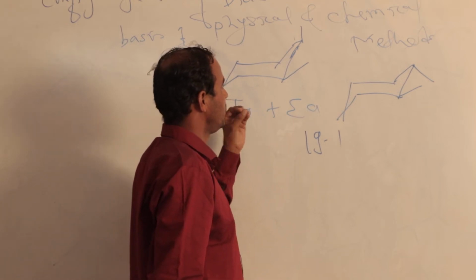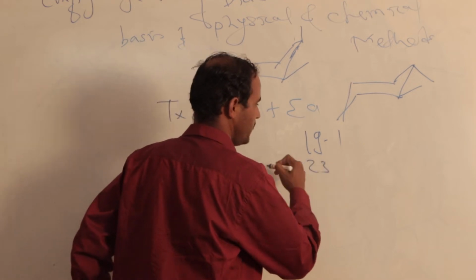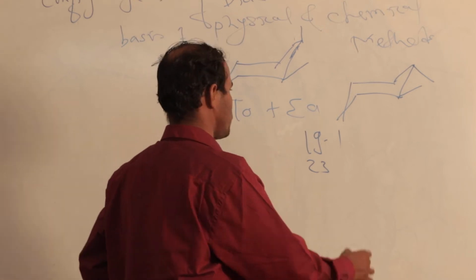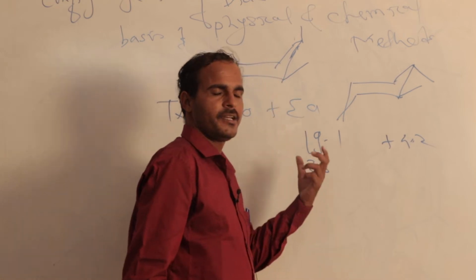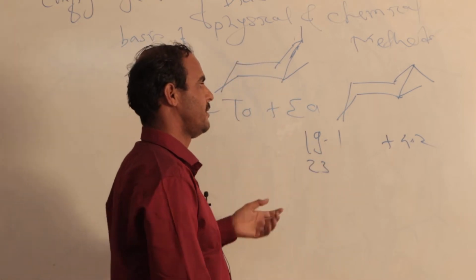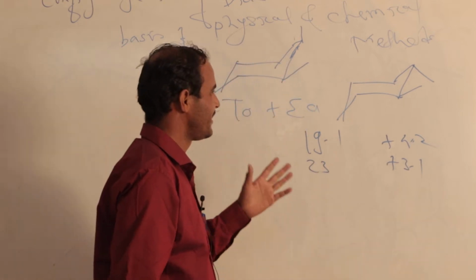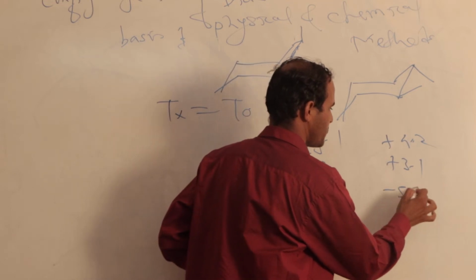Next, for axial methyl groups, the value is 23. Then add the increments. For equatorial methyl groups, add increment plus 4.2. For equatorial axial methyl groups, add increment 3.1. Then for 2 geminal dimethyl groups, add the increment minus 5.7.